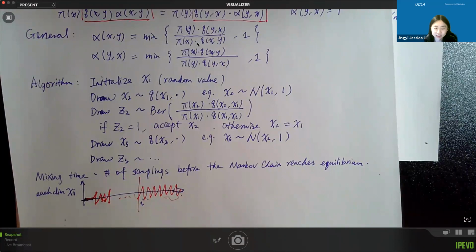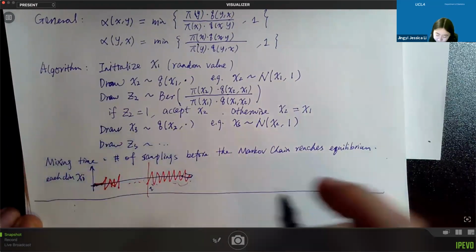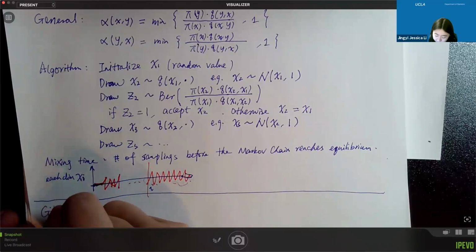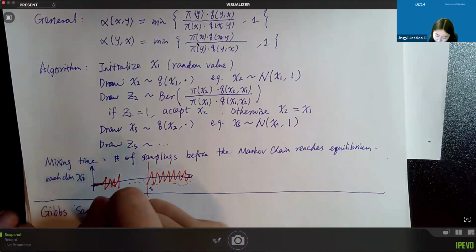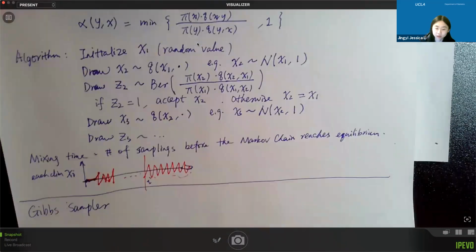Okay, so the next thing I'm going to talk about, which is more widely used in bioinformatics algorithms, is called the Gibbs Sampler. The Gibbs Sampler is specifically designed for a multivariate random variable, such as a random vector of parameters in Bayesian modeling.